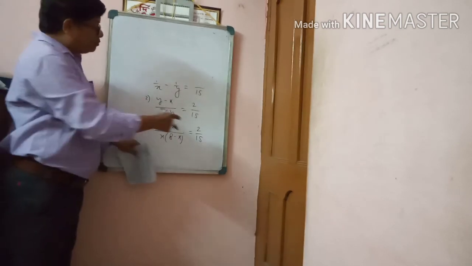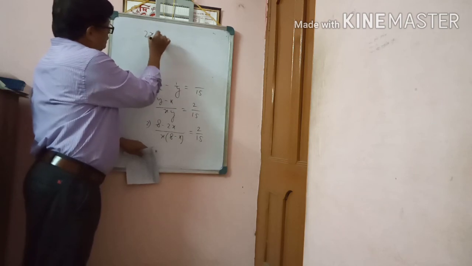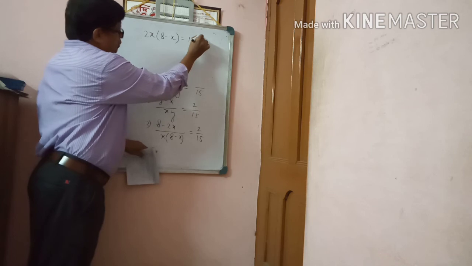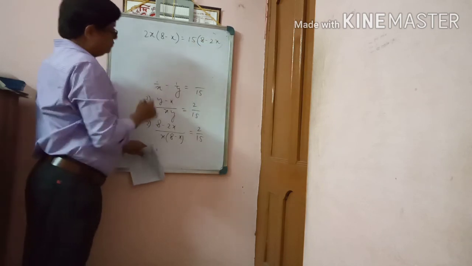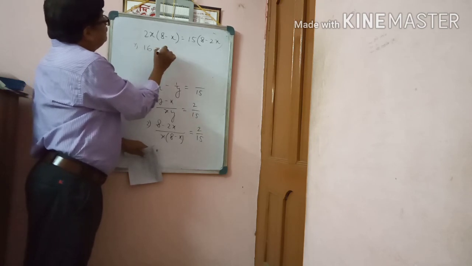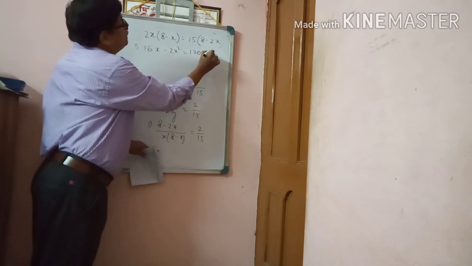Okay. Now cross multiply. 2x into 8 minus x, 15 into 8 minus twice x. So write 16x minus 2x square, 120 minus 30x.